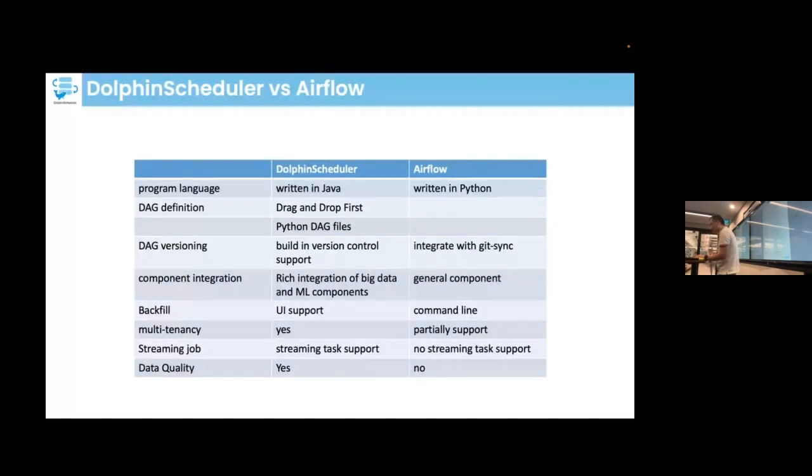So let's look at the definition of this task. At first I defined a task called node 1, and then I chose my SQL data source type and the data source I defined.